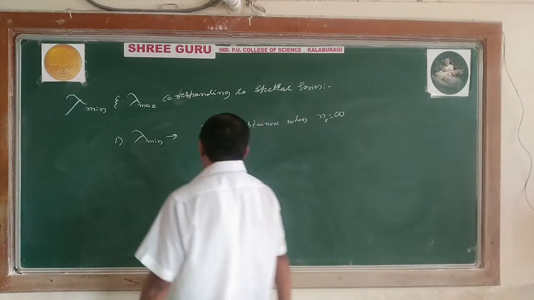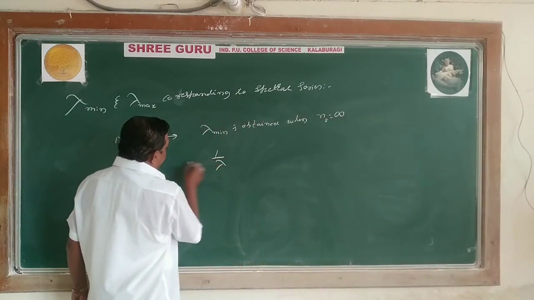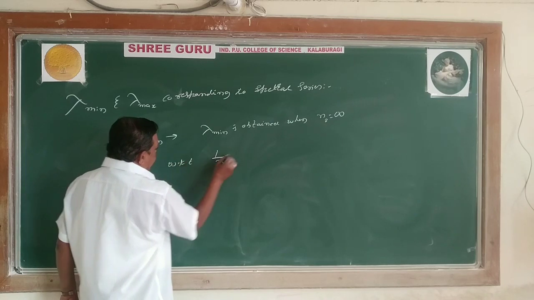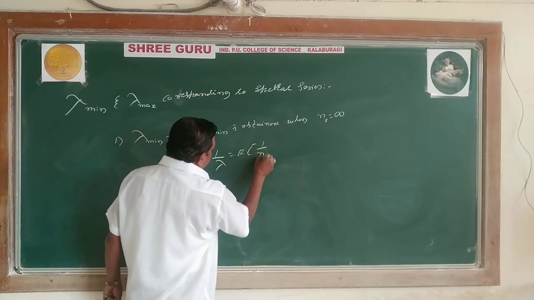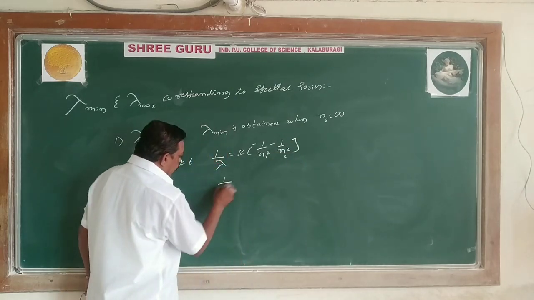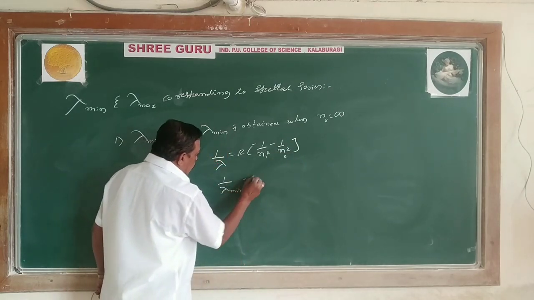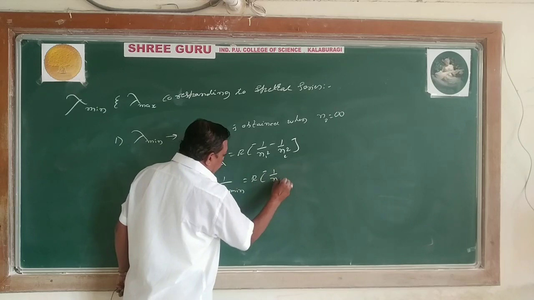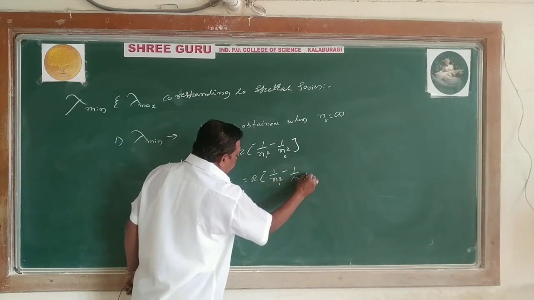Hence, 1 by lambda, we know that, is R into 1 by n1 square minus 1 by n2 square. So 1 by lambda minimum equals R into 1 by n1 square minus 1 by infinity square.